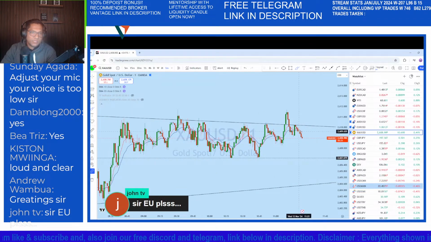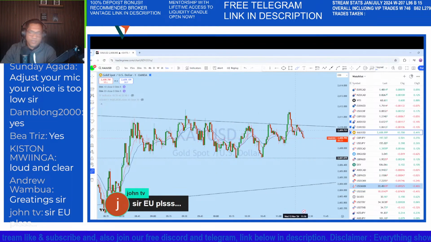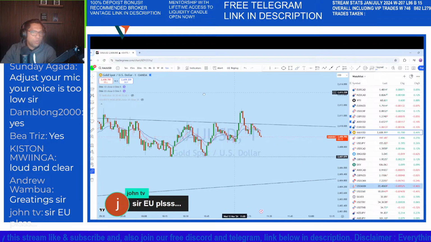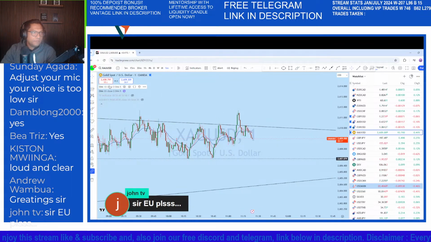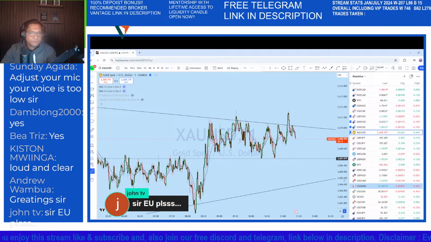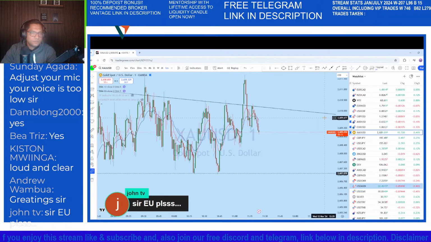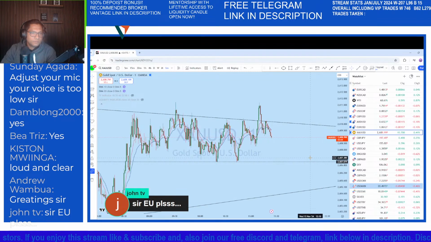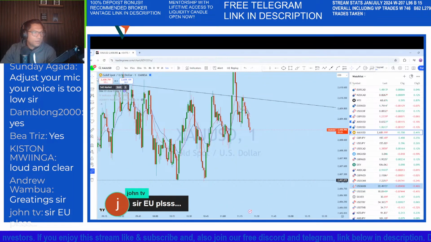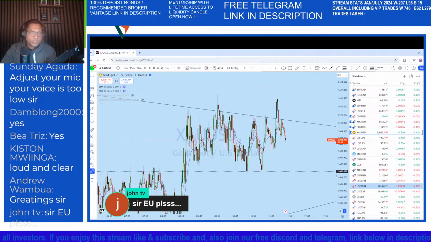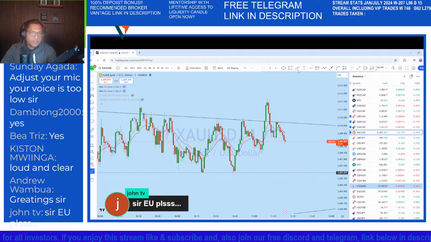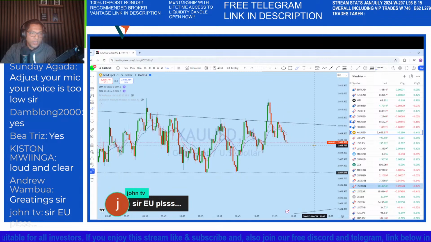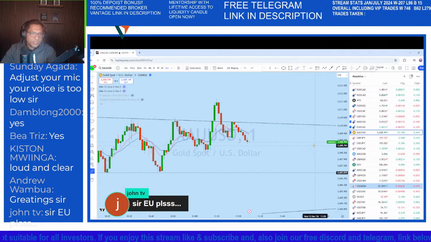On the lower time frame, you can see it is currently moving unpredictably in that direction. So with that in mind, what we can expect here is for the market to form a series of lower highs and lower lows to see where the market is heading.